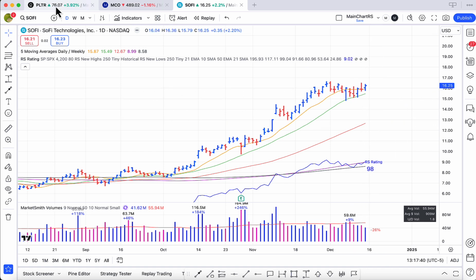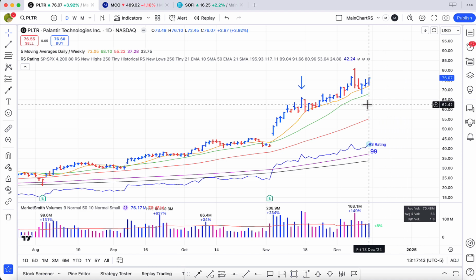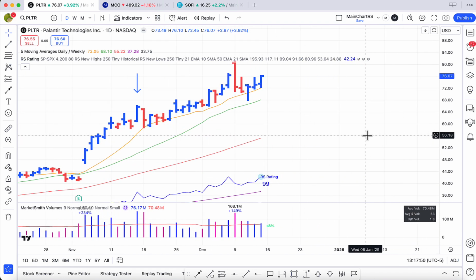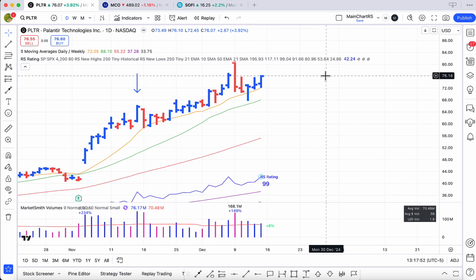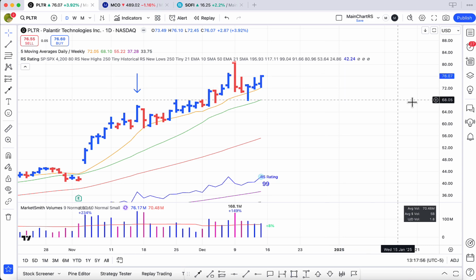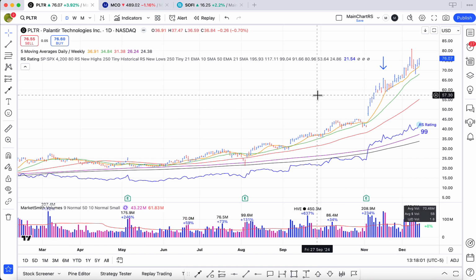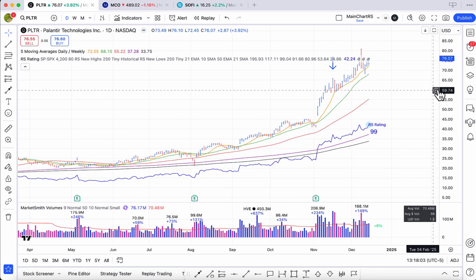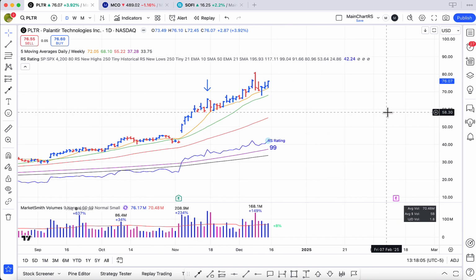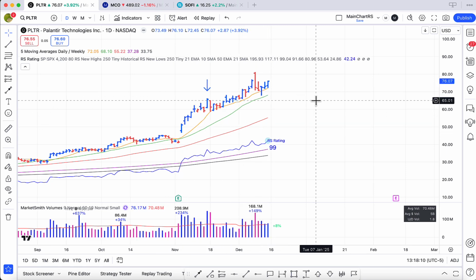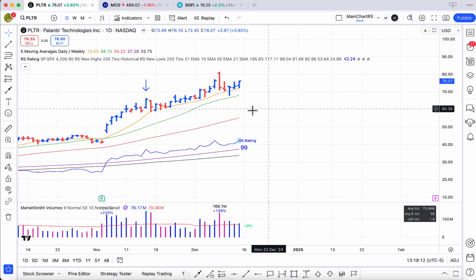Like if we look here, for example, at Palantir, it doesn't get better than that, right? It closed right at the top of the range. That's as good as it gets from buyers versus sellers. And if you count the amount of days up and down, there are so many more blue days versus red days, and a lot of those days have good closes.